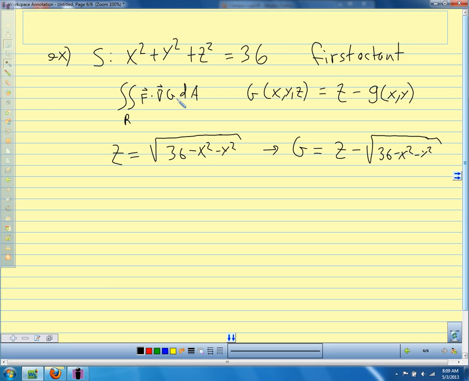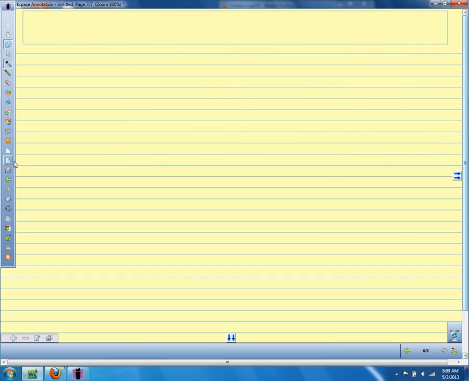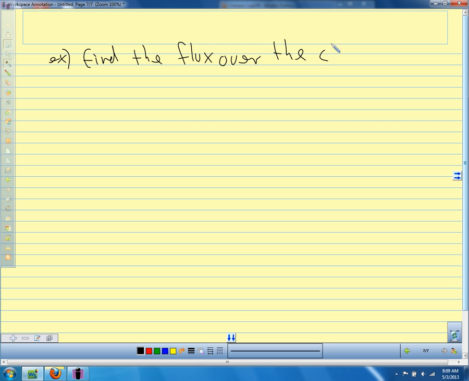All right, let's do one more example, and we'll be done. And then we'll talk about all the stuff that's on the table here. We want to find the flux over the closed surface, and we want n here to be the outward normal vector.